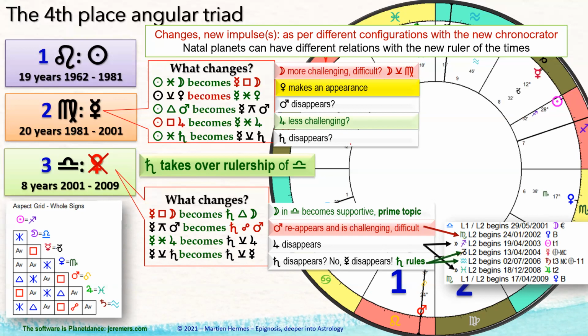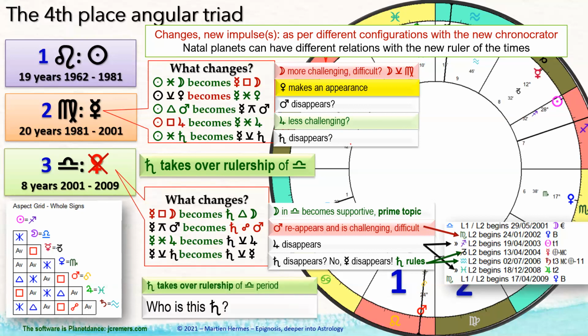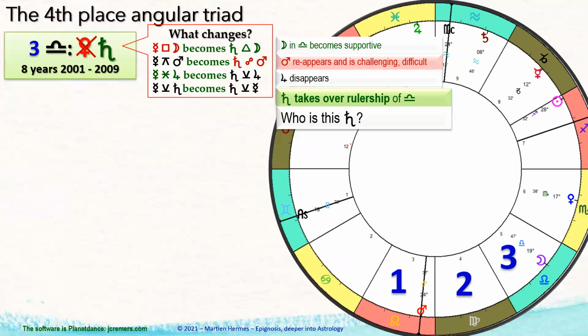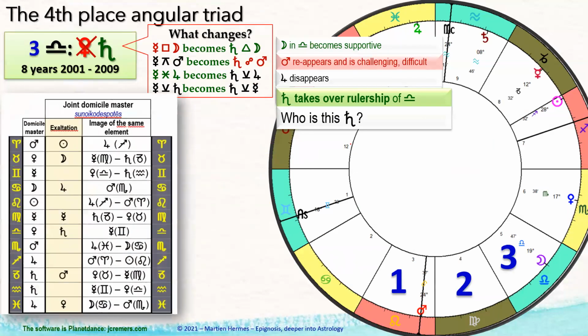So yeah. Now here's something interesting, because Saturn takes over rulership, and so the question is, who is this Saturn? Now we have to look at your chart again, because when we look at your ascendant, we see that Mercury is in aversion to the ascendant. So then we get two possibilities.